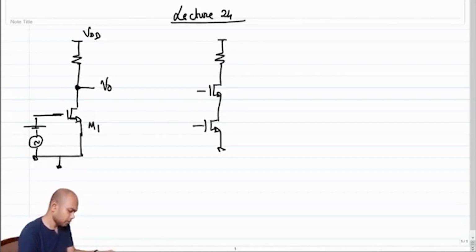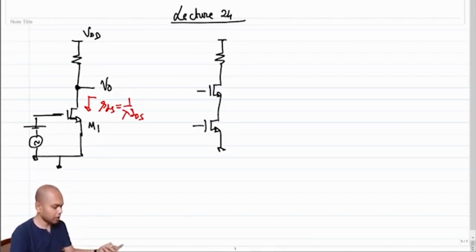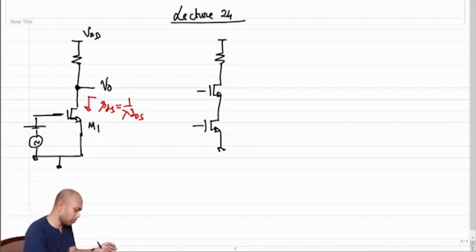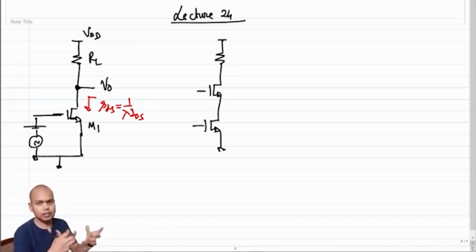But then we saw that the output impedance of M1, the impedance looking in, was RDS, which was equal to 1 over lambda IDS. And depending upon what IDS is, what lambda is, and what the channel length of the transistor is, we might end up having a reduction in gain, because now on top of this RL, we are getting an additional RDS in parallel to RL.